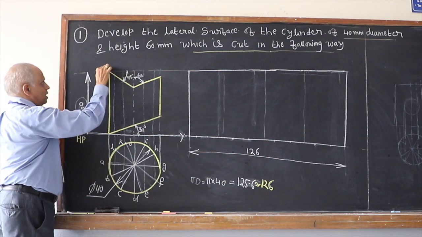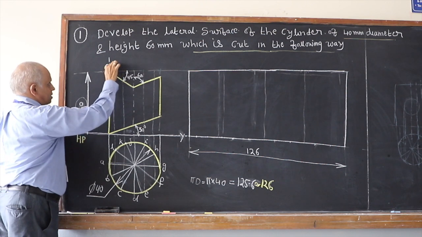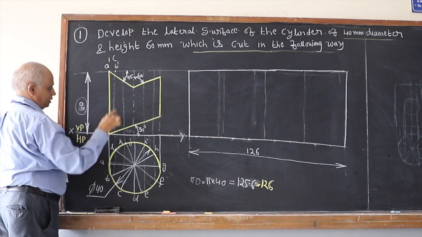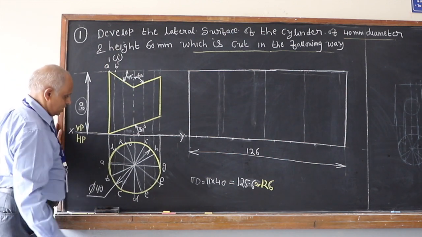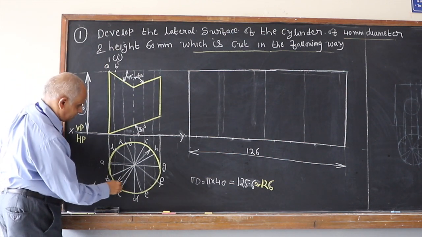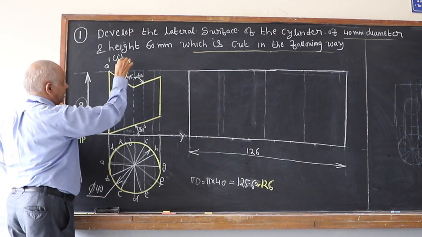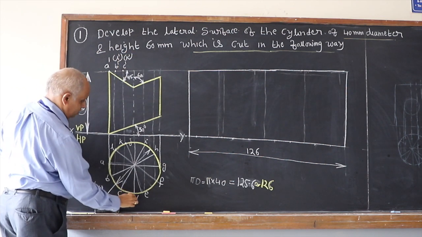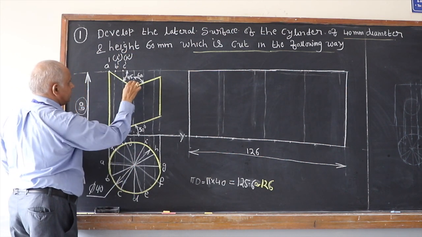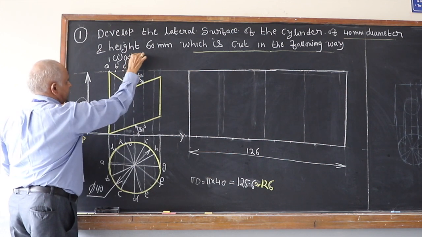Therefore, this will become A dash and this point will become B dash, and behind that B dash is L dash, and then you have this point as C dash bracket K dash. Then you have this one as D dash bracket J dash.